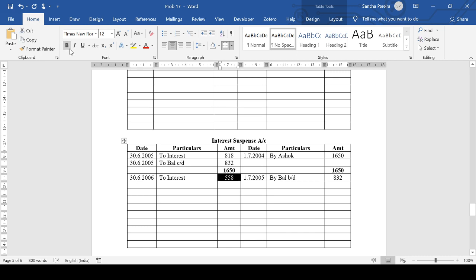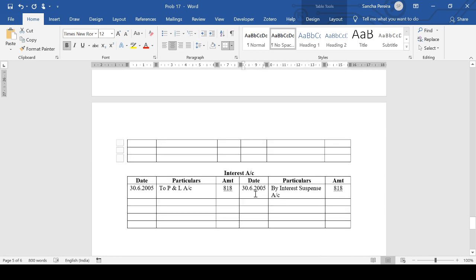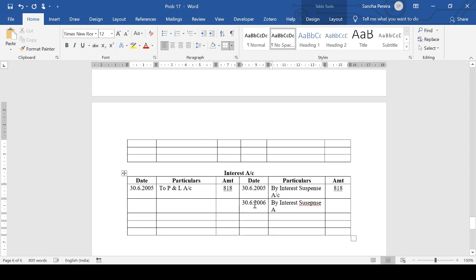Similarly, in the interest account, it will be on 30th June 2006 by interest suspense account 558.